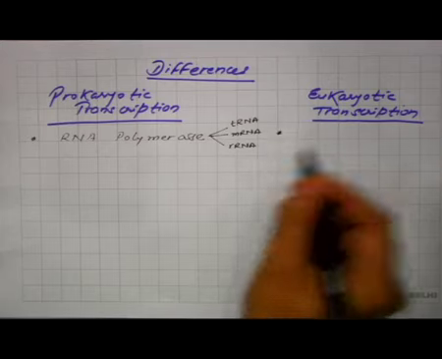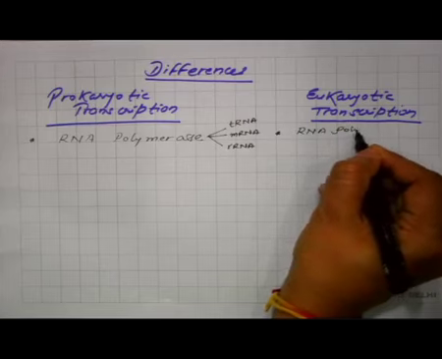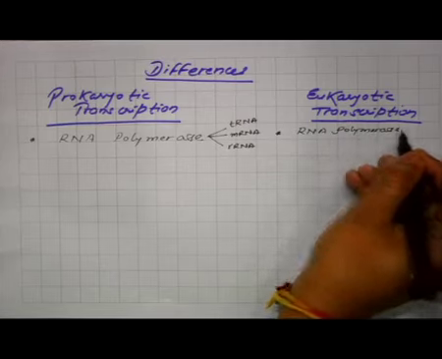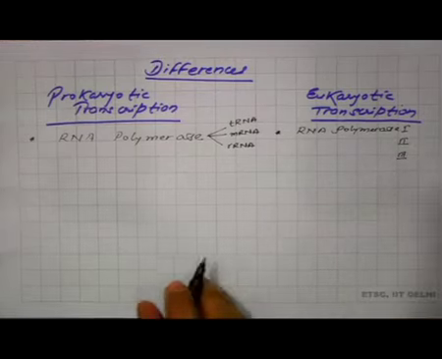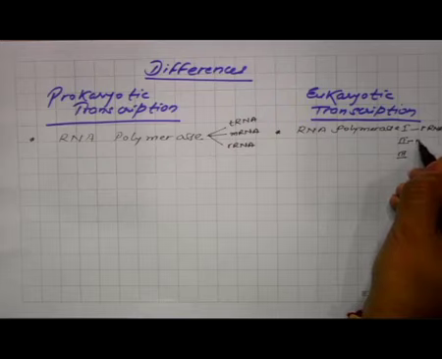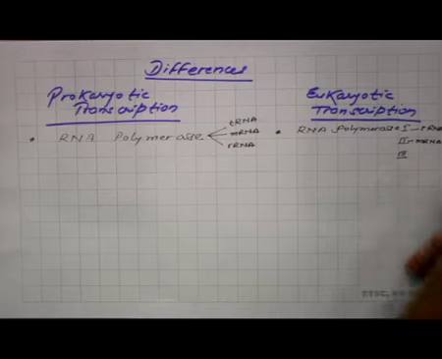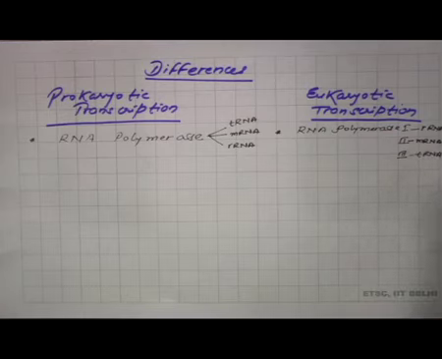While in case of eukaryotic transcription, there are three types of RNA polymerase: RNA polymerase 1, RNA polymerase 2 and RNA polymerase 3. RNA polymerase 1 transcribes ribosomal RNA, 2 transcribes messenger RNA and RNA polymerase 3 transcribes transfer RNA. So, it is the first difference between prokaryotic and eukaryotic transcription.